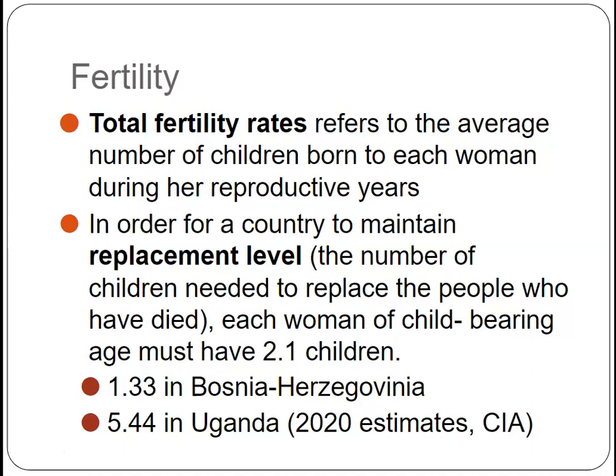Both of these numbers are 2020 estimates from the CIA, but you can find lots of maps that show how that has changed over history as well, because how we utilize children in terms of income, in terms of labor, has changed as we've changed our modes of income. In other words, not as many kids are working on the farm as they used to be.